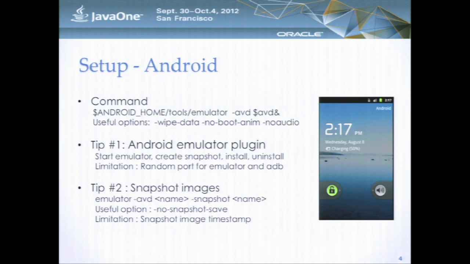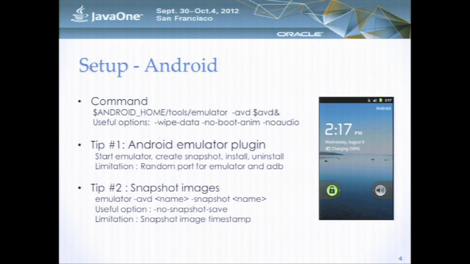You just give it a snapshot. The default dash boot is the default snapshot image, but you can always create your own. The no snapshot save option is useful when you don't want to save the last state of your emulator when it closes. Saving is the default feature if you don't specify the command.